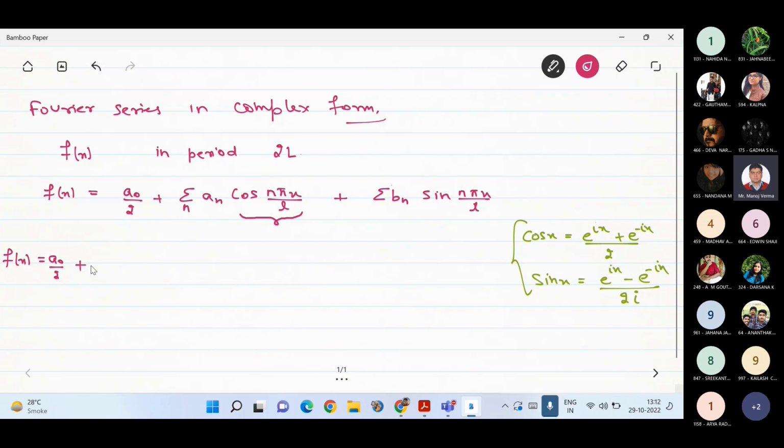a0 by 2 plus, okay, I will expand this up to two terms.